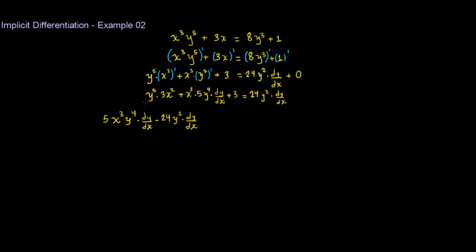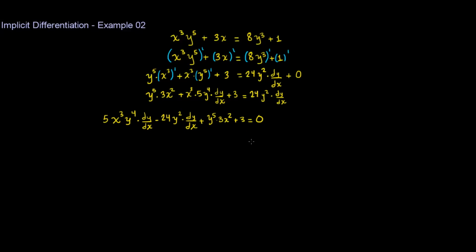So we got as well this term and this term, don't forget about it. So it will be plus y to the fifth times 3 times x squared plus 3, and this now will be equal to 0. Now I'm going to subtract on both sides of the equation these two terms, so they will move to the right side with a negative sign.